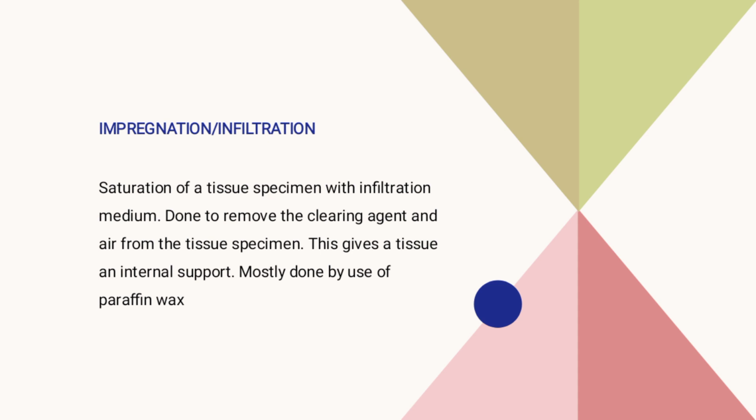So now we are saturating this tissue with paraffin wax. Why are we doing this? To give it an internal support. The inside must have some support for the subsequent processes to take place.